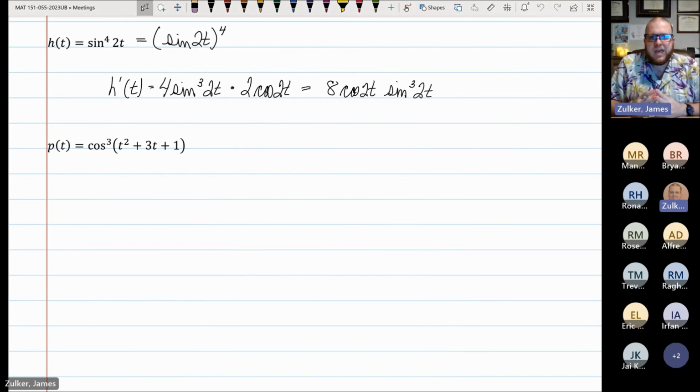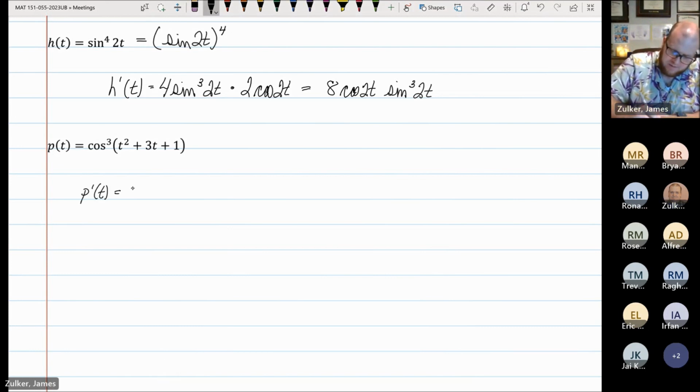Again, notice that what we have is a power function. So we start with general power rule.